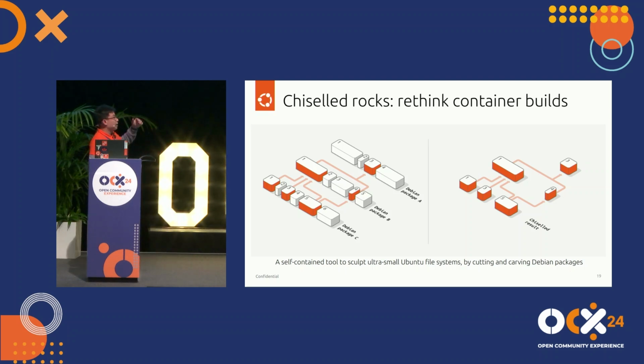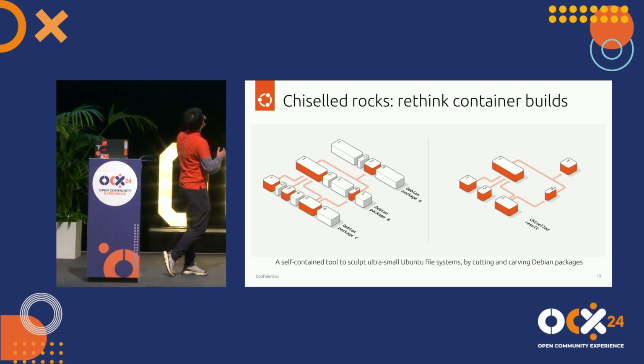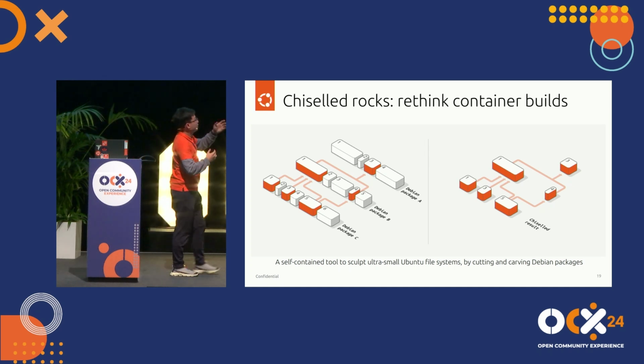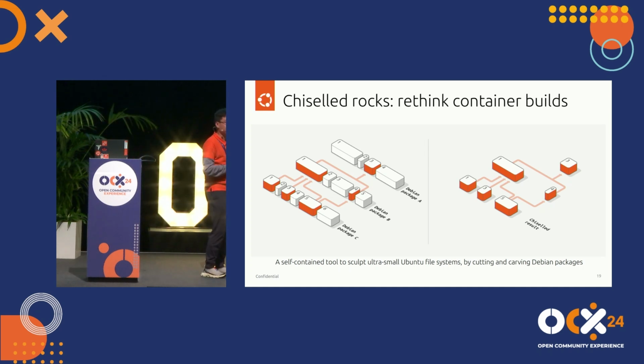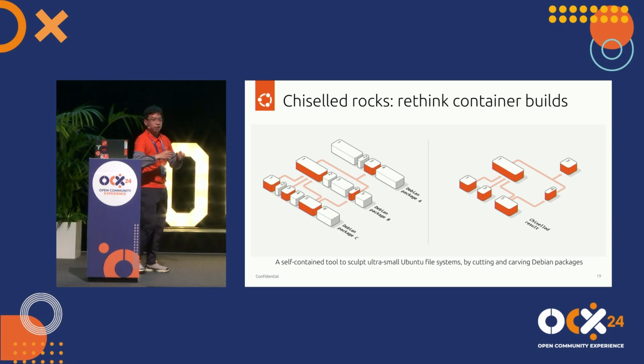Say a slice that we require is slice 3 from the Debian package A. And that slice depends on slices 1 and 4 in package B. And slices 1 and 4 in package B depend further on slices in package C. In Chisel, we will identify all those dependencies through the slice definition files in our database, and we will pick all those necessary files and finally merge them into our target file system.